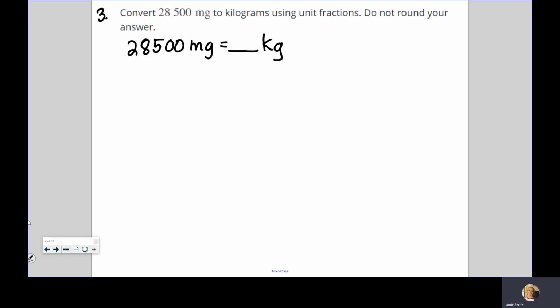So there's no conversion that goes from milligrams to kilograms, but we can go from milligrams to grams and then to kilograms. So start with what you know, 28,500 milligrams over 1. We want to cancel out milligrams, so put milligrams at the bottom of the next fraction.